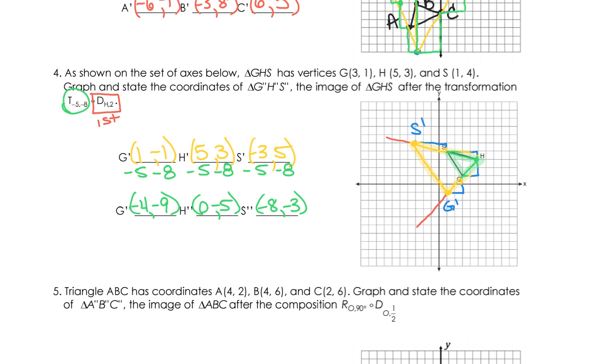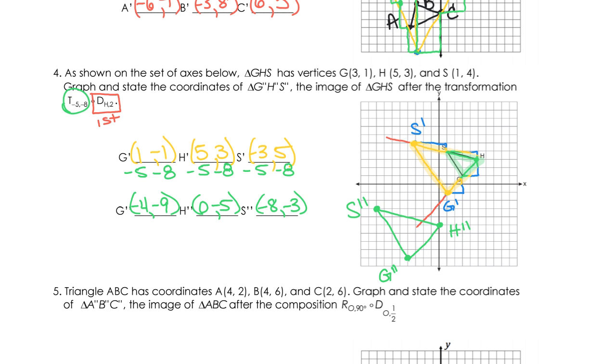So negative 4, negative 9, 0, negative 5, and S double prime. And there is my new triangle.